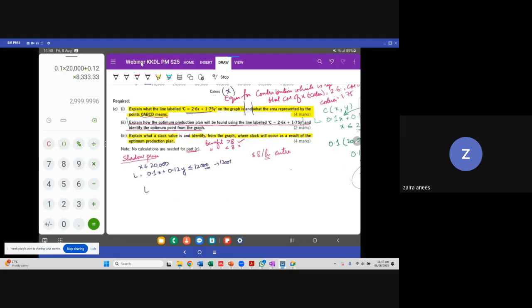So let's suppose the labor equation is 0.1X plus 0.12Y equals 12,001, right? And the second equation, X, will remain the same. So we just need to put X here.